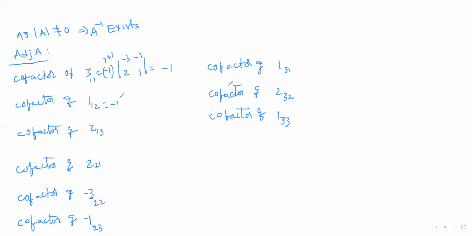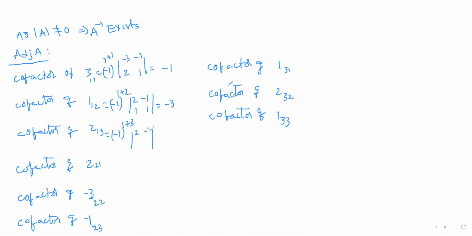Next, minus 1 whole to the power of 1 plus 2, determinant of 2 minus 1, 1 1. Minus 1 whole cube means minus only, 2 ones are 2, 2 plus 1 is 3, so minus 3. Next, minus 1 whole to the power of 1 plus 3 into determinant of 2 minus 3, 1 2.